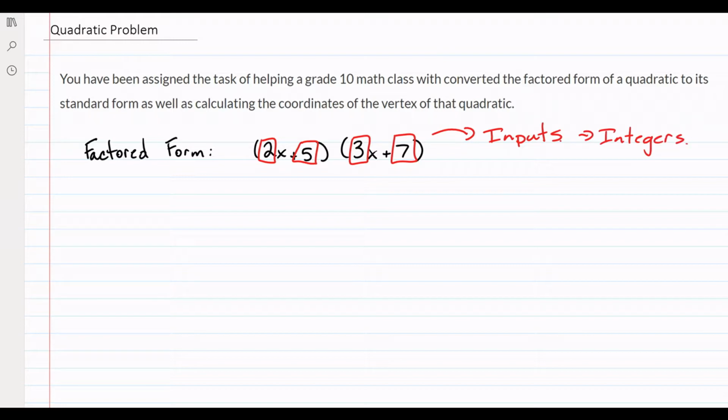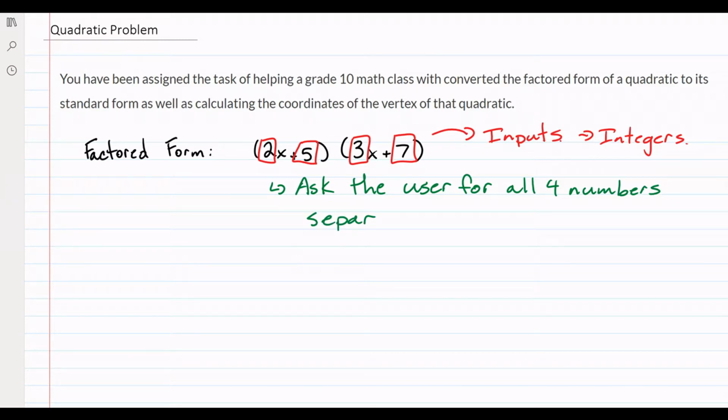I think it's best just to ask the user individually for all 4 numbers separately, instead of trying to do anything complicated. So I'll need 4 input statements. That's what I need for input.